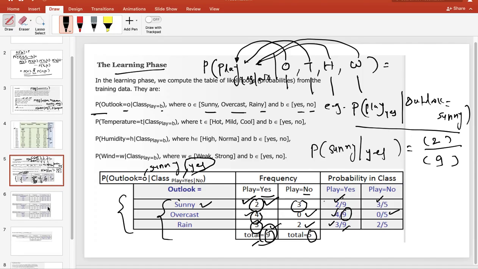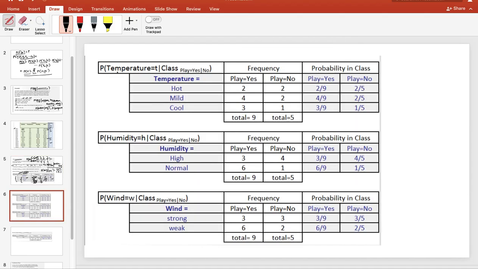So next we need to compute the probability for every feature, probability of temperature given class, yes or no. Class means play, yes or no, right? So again temperature takes 3 values: hot, mild, cool.